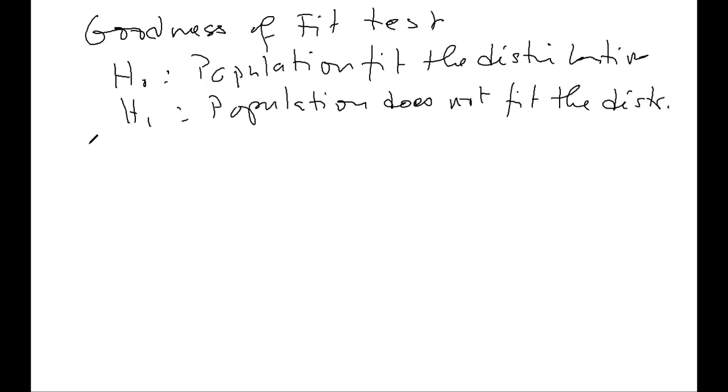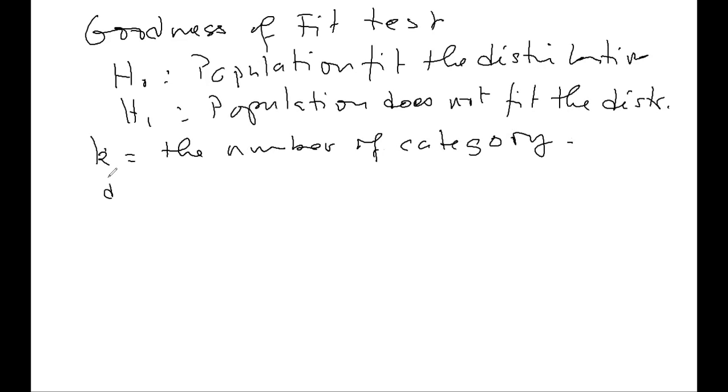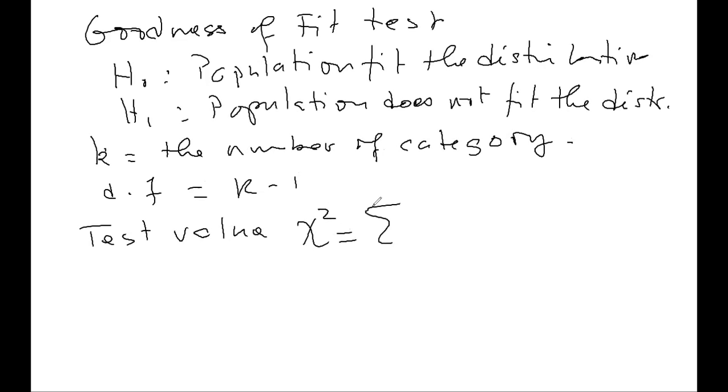K is the number of categories. Degree of freedom here is K minus 1. The test value remains the same: chi-square equals the sum of observed minus expected, squared, divided by expected.